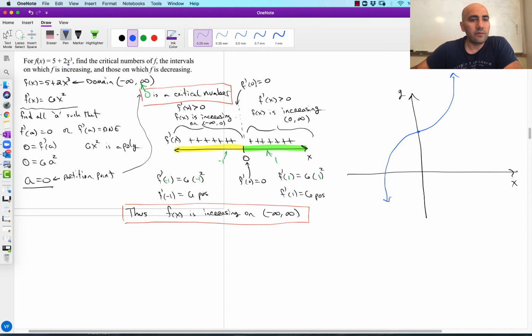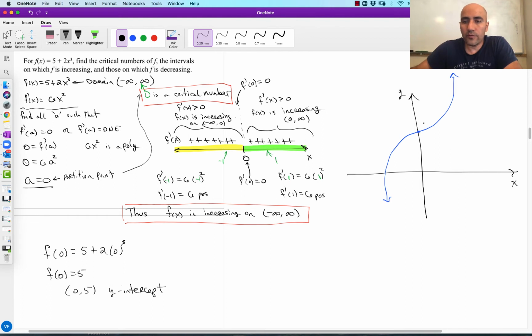Well, that's easy. We plug in 0 into there. We get f of 0 equals 5 plus 2 times 0 cubed. Well, that's just going to be 5. So f of 0 equals 5, or (0, 5) is the y-intercept.